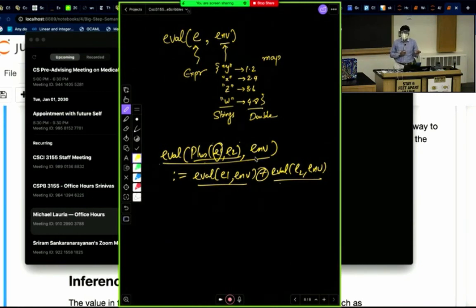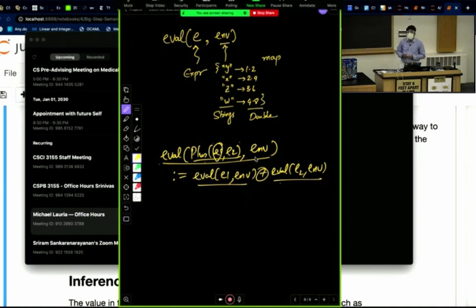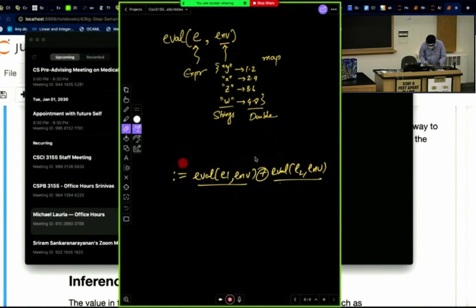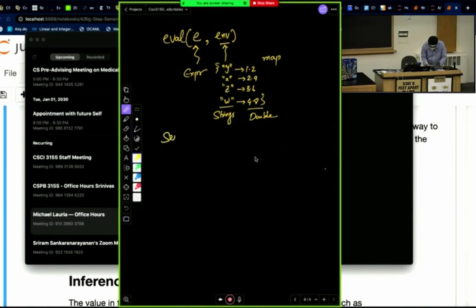Okay? What this gives us is an easy way of interpreting these things, but it also hides a lot of complexity. All right? So in programming languages, we express this thing using something called a semantic rule.